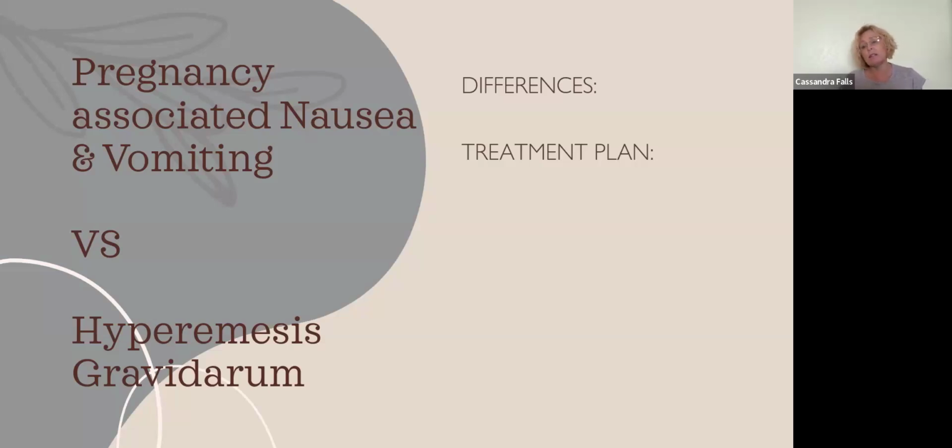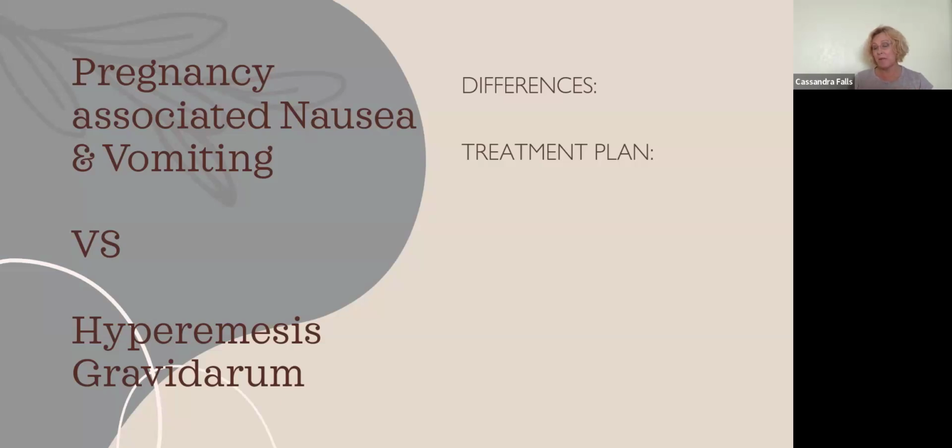It usually resolves in about 12 to 16 weeks, right towards the end of that first trimester. As hormone levels start to even out, the nausea and vomiting will subside. It's a mild to moderate problem when we talk about the severity of it. It's something that we can usually tolerate. We usually tell women to try things like 7-Up, crackers, pretzels, salty foods, things like that that will help with the nausea.